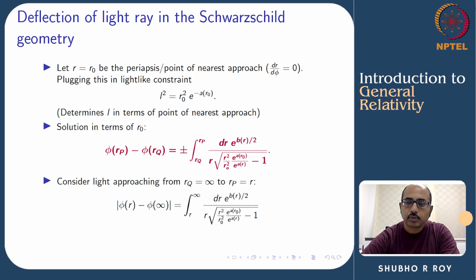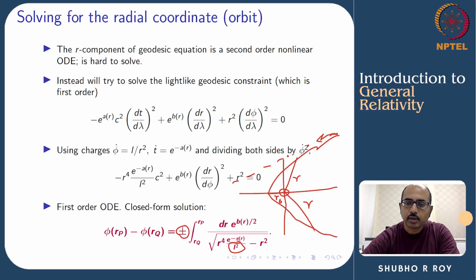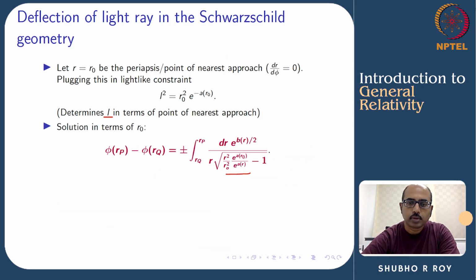Okay, so let me refer to the diagram again. So this is R, and this is the value of the limit angle phi of R. And then phi of infinity will be somewhere else.